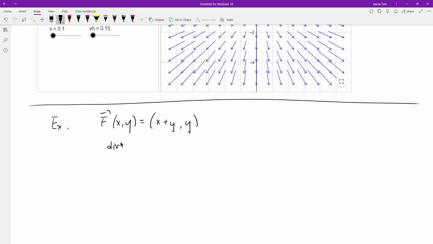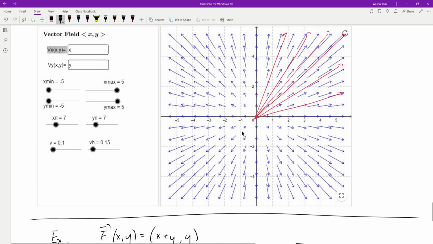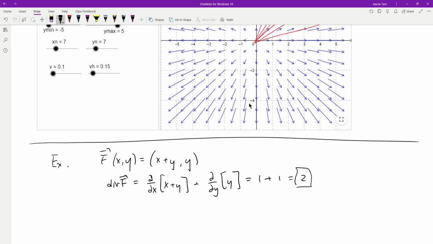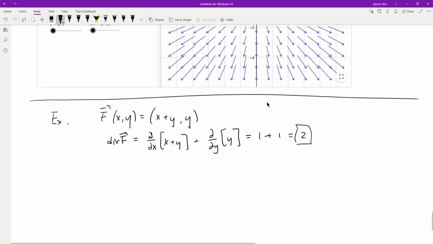Notice that the divergence of f is equal to d over dx of x plus y plus d over dy of y, and that comes out to be 1 plus 1 equals 2 also. But does that mean that this one behaves the same way as this one? No, because the vector field is different. But the flow line behaves the same way.